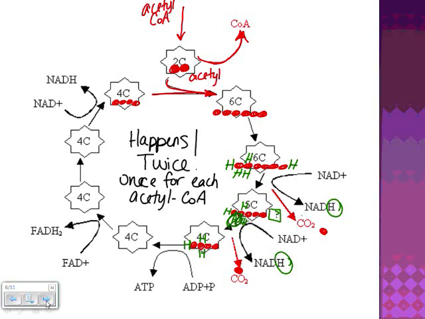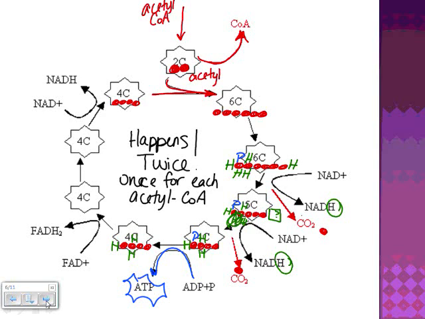Now, we also have a phosphate on there. I'm not really worried so much about phosphate. Our ADP is going to come in, take that phosphate, and we're going to get an ATP. Which is now going to leave us with our 4 carbons, with our 3 hydrogens, and that's it.